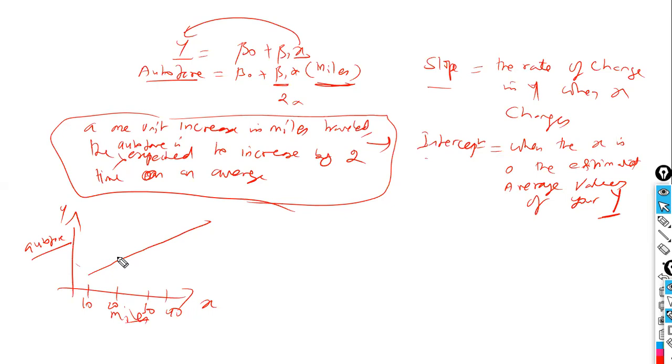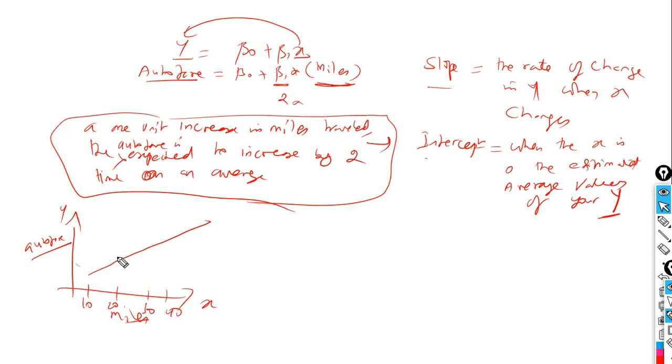We have something called a scatter plot. Using a scatter plot, we can plot the two quantitative variables and understand whether any correlation exists between these two numerical variables. As the miles increase, the auto fare also increases.